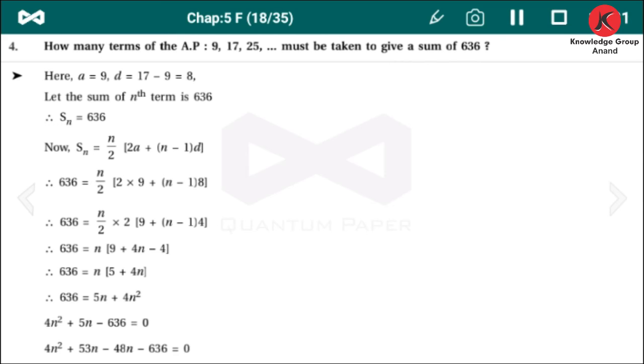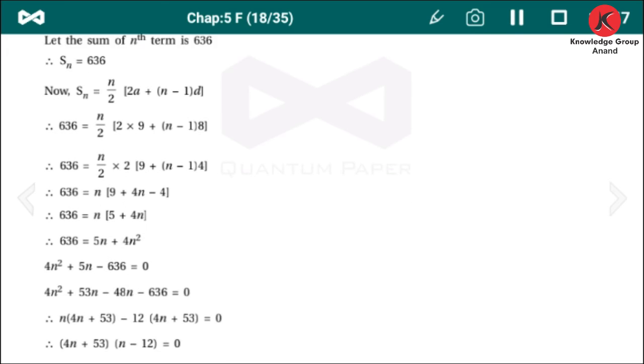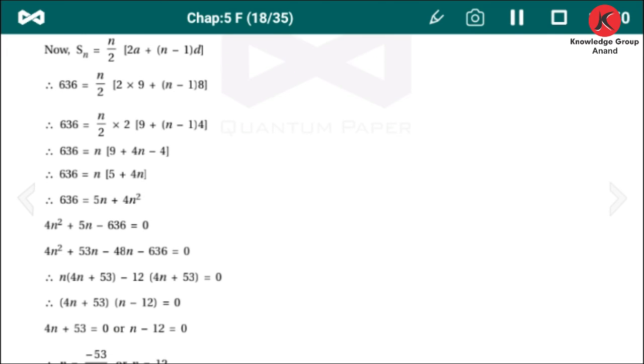Again this question, how many terms of the AP? Then we find here n. a is equal to 9. The difference is 17 minus 9 is equal to 8. And Sn is equal to 636. Put all values in the formula. Then we get a quadratic equation, 4n square plus 5n minus 636 is equal to 0.